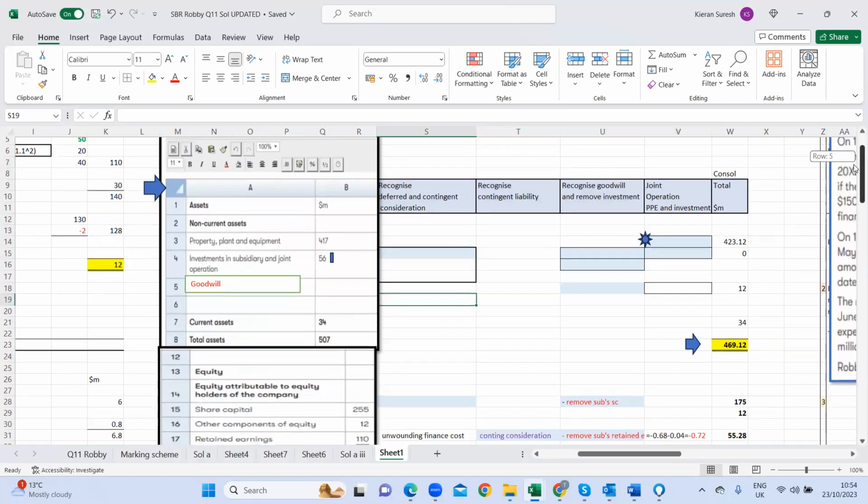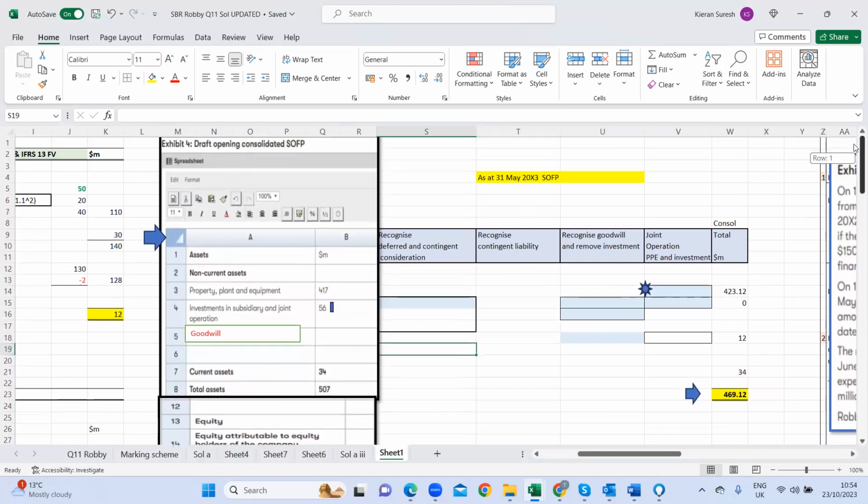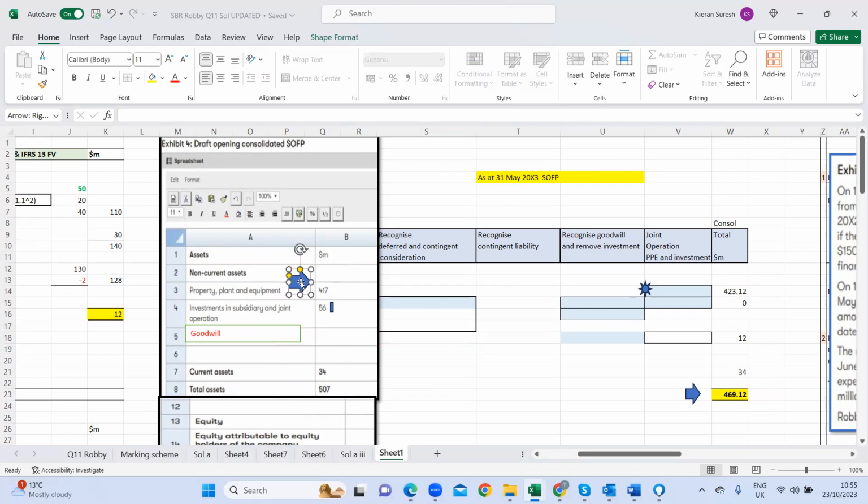Okay, let's make a start. We know this is the balance sheet, and we understood how it was prepared: they have accounting software which merged two separate financial statements together.